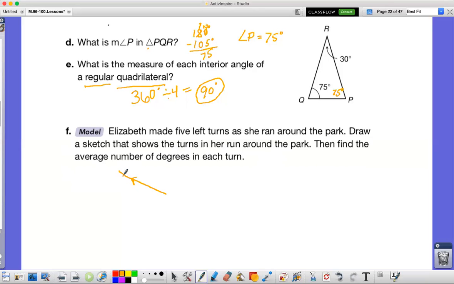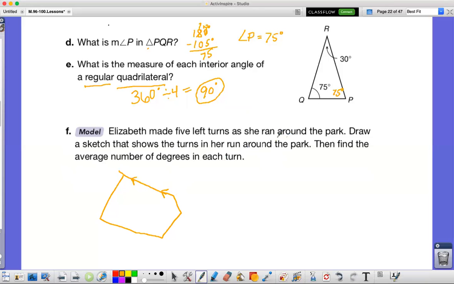She takes a left turn. There's 1. And then let's say she makes another turn to the left. There's 2. And then she turns again to the left. There's 3. And then she turns again. There's 4. And then the 5th one is she's going back in her original direction.